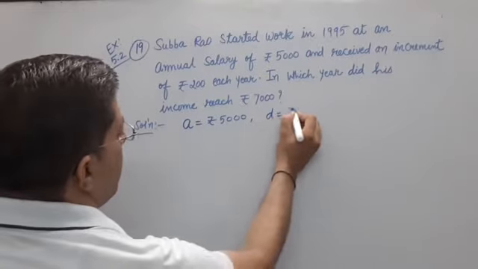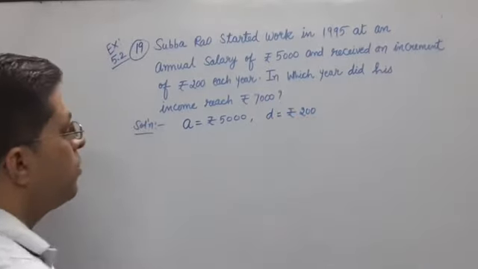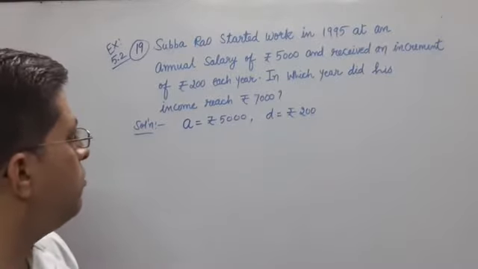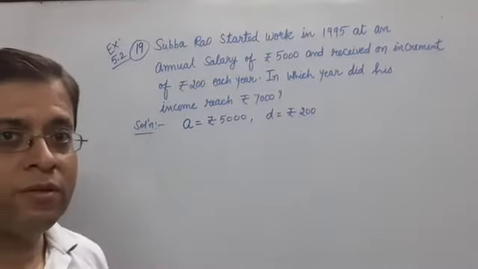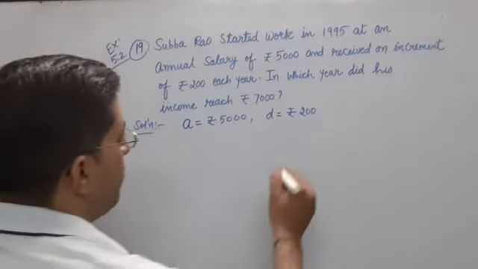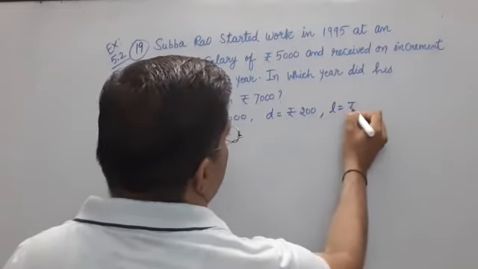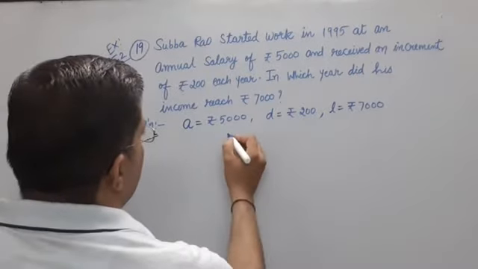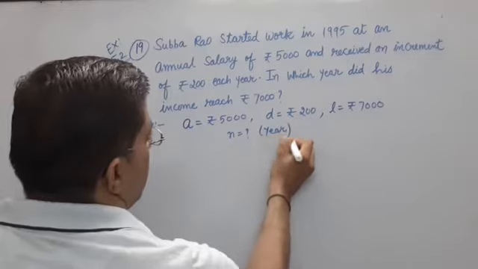Increment means D, rupees 200. In which year did his income reach rupees 7,000? So L is given to you, rupees 7,000. You have to find N and convert this into a year.